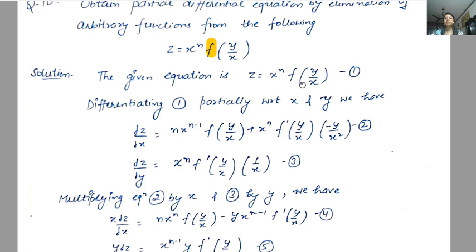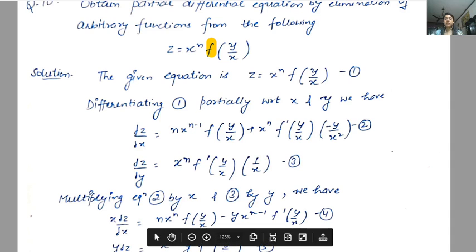When we differentiate this function with respect to x, we have f'(y/x) into minus y over x². Now differentiating this equation 1 partially with respect to y, we have ∂z/∂y equals x^n and f'(y/x), and when we differentiate y/x with respect to y, we have 1 by x here.